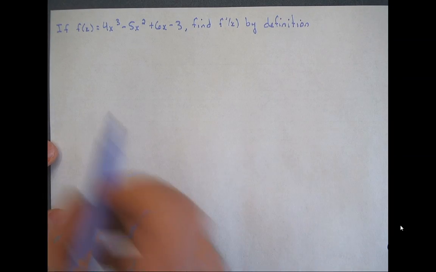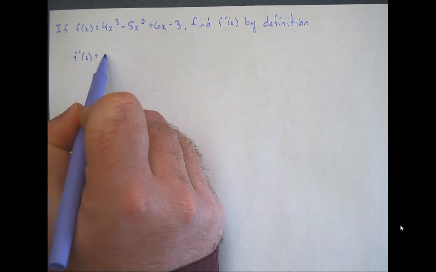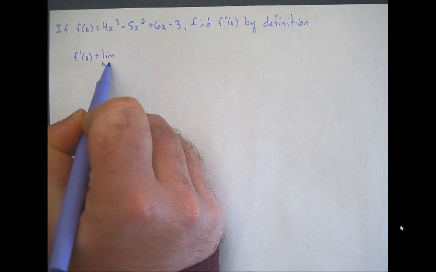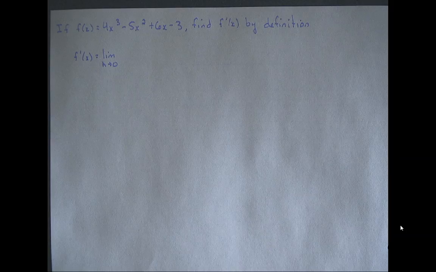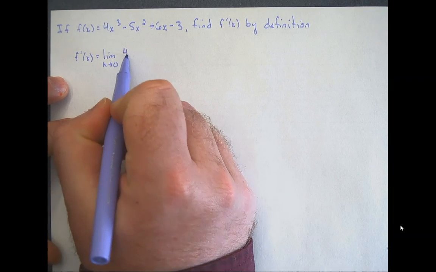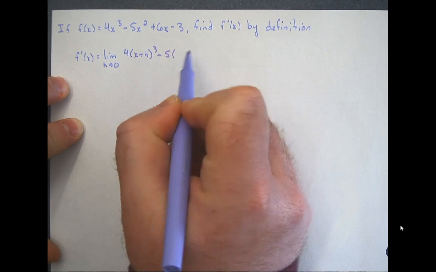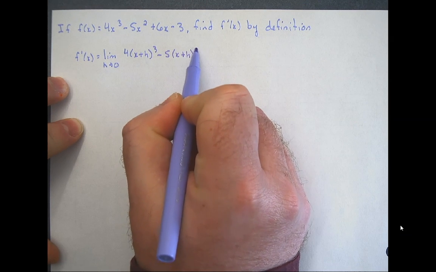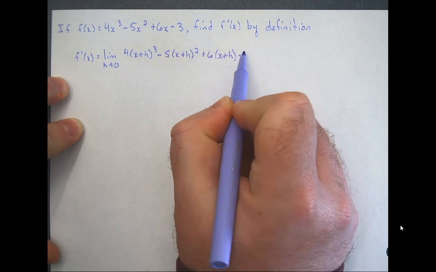That means the derivative by definition is the limit as h approaches 0 of the difference quotient, which means all the x's should become x plus h. So that would be 4 times (x plus h) cubed minus 5 times (x plus h) squared plus 6 times (x plus h) minus 3.